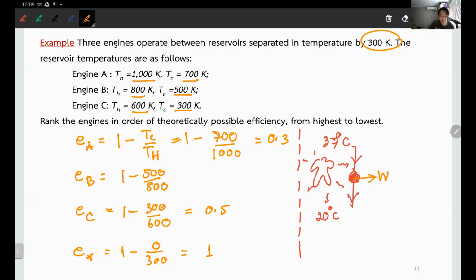Okay, so now you can see that the highest efficiency possible is going to be the Carnot engine. This engine has to be a Carnot engine. And the efficiency that you're going to get is going to be 1 minus (273 plus 20), that's T cold, divided by (273 plus 37), that's your T hot, that's your body temperature.